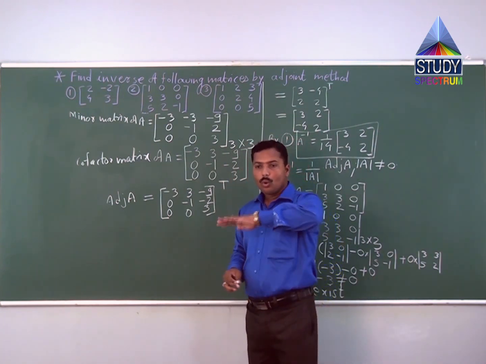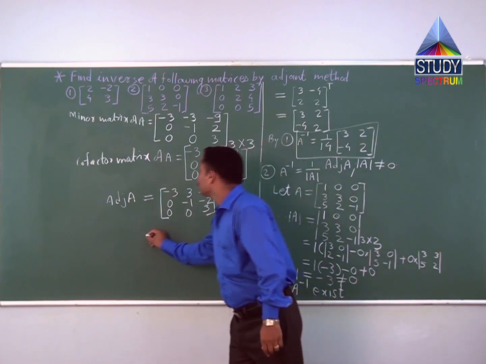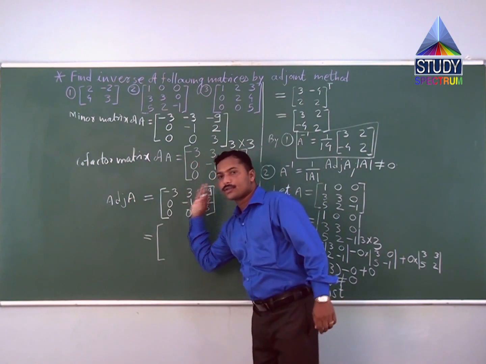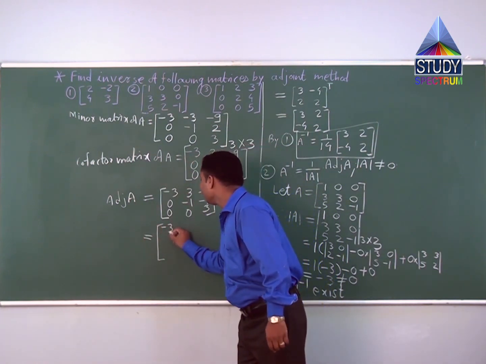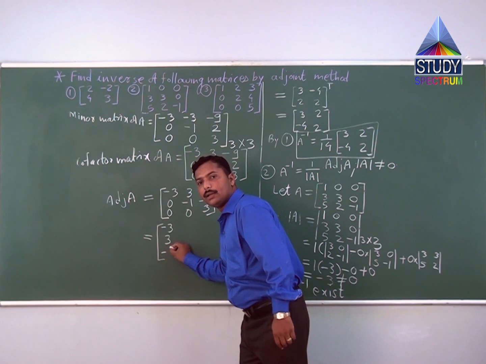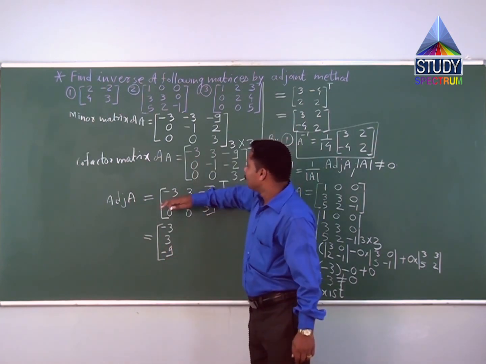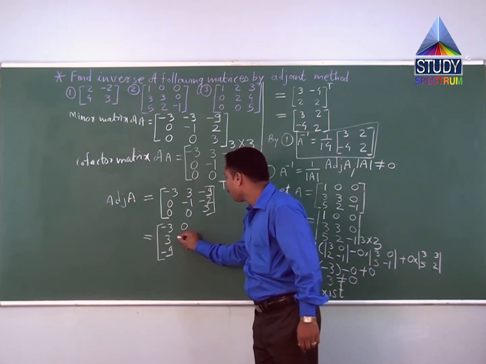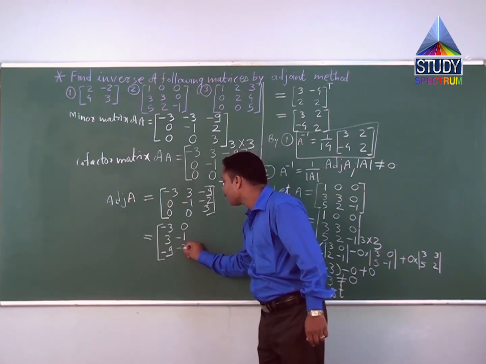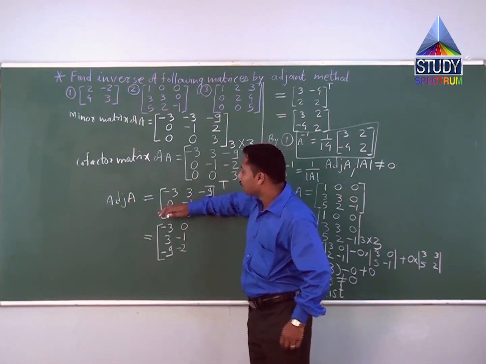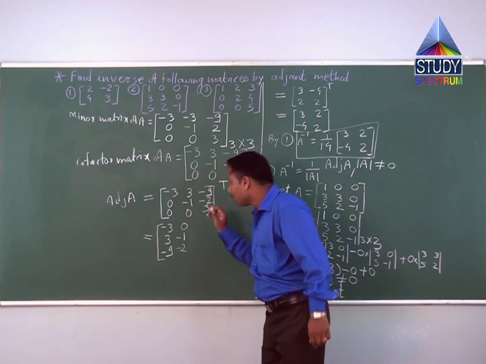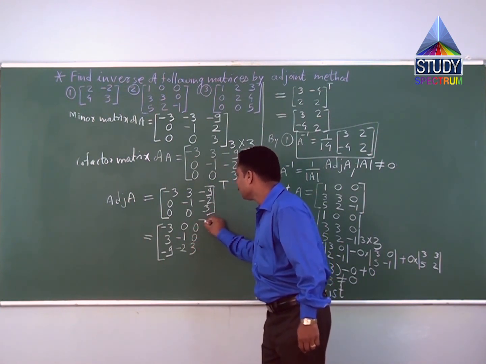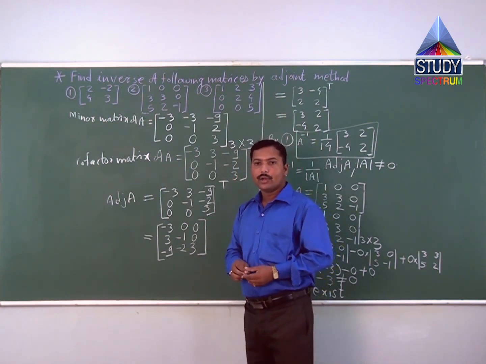Transpose means rows are converted into columns. So the first row becomes the first column: minus 3, 3, minus 9. The second row becomes the second column: 0, minus 1, minus 2, and the third row becomes the third column: 0, 0, 3. So this is our adjoint.